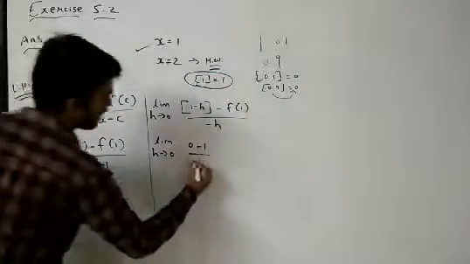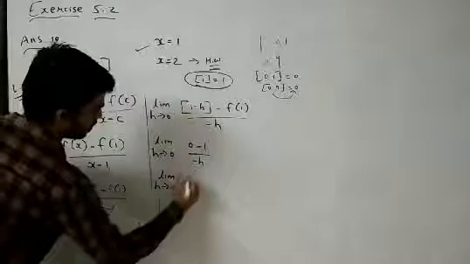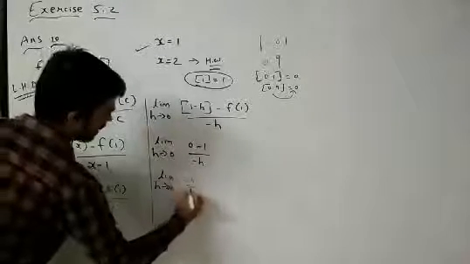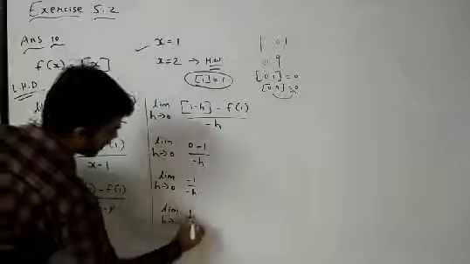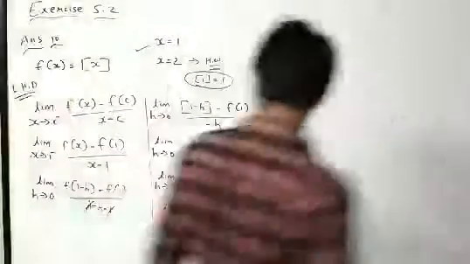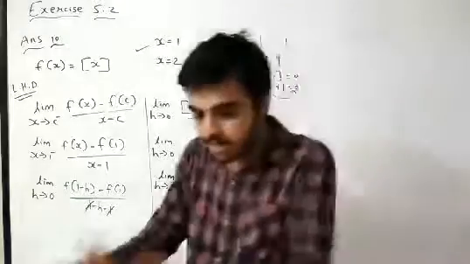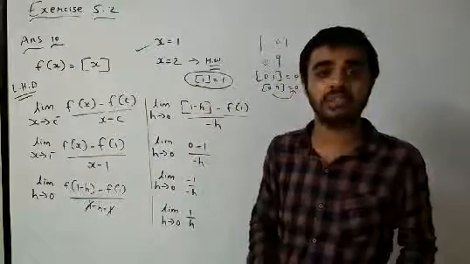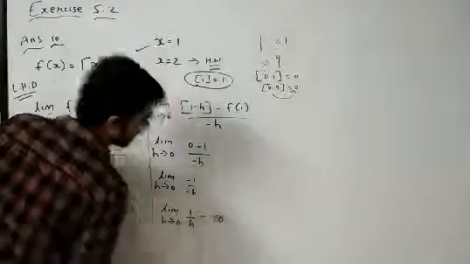Now divided by minus x: limit x tends to 0 of minus 1 by minus x, so limit x tends to 0 of 1 by x. If we keep this as 1 by 0, then any number divided by 0 gives infinity. So this answer is infinity.